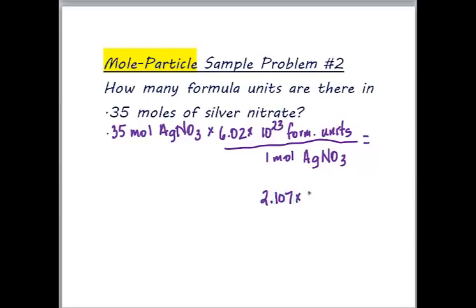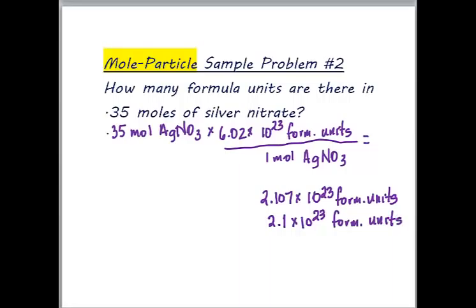2.107 times 10 to the 23rd formula units is what I get on my calculator. As always, let's consider significant figures. 0.35 is two significant figures, so I'm going to take this, and to be just precise as can be, I'm going to go 2.1 times 10 to the 23rd formula units of silver nitrate.